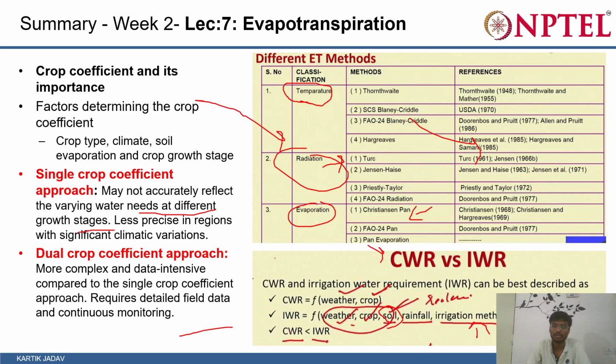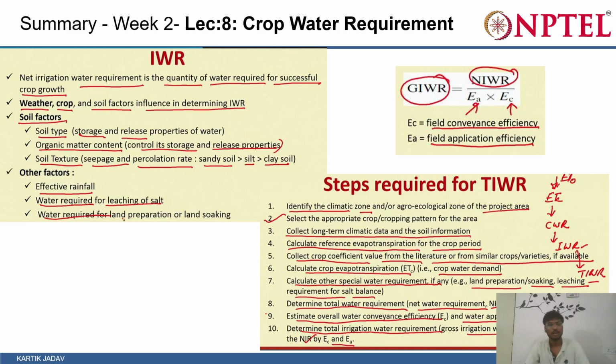So all that is included in irrigation water requirements. And it's also important to remember that irrigation water requirement is always greater than crop water requirement. Then we have discussed irrigation water requirement in detail, right?